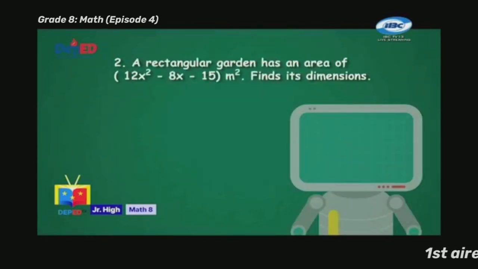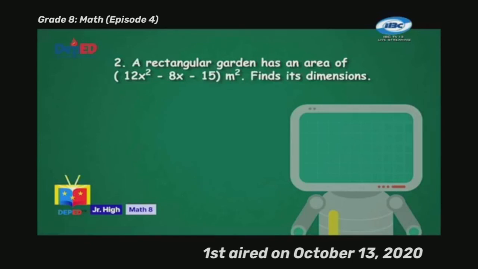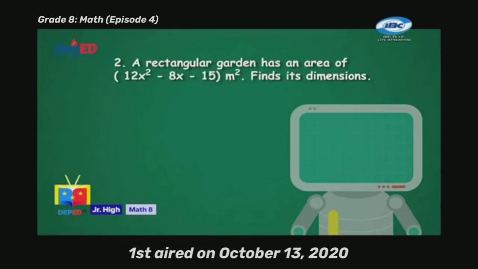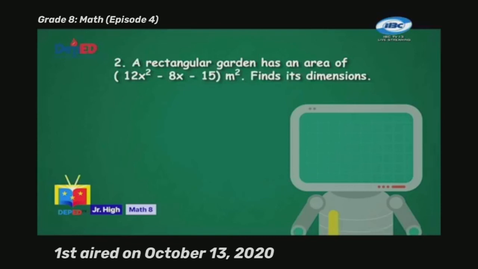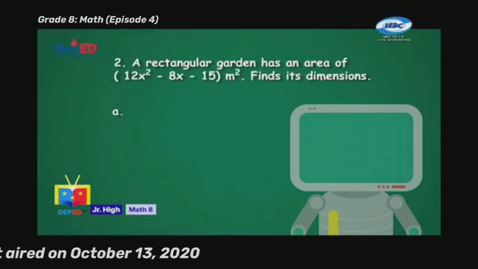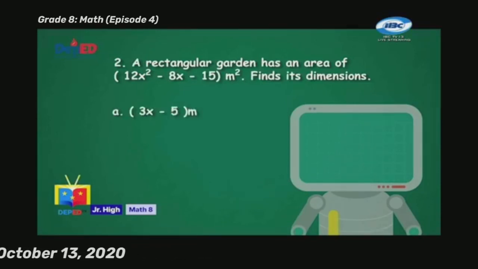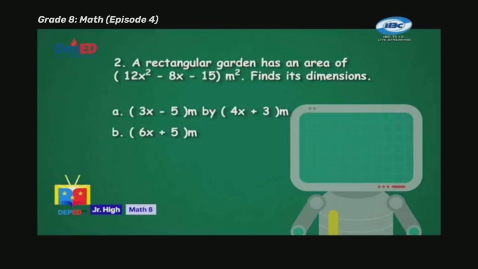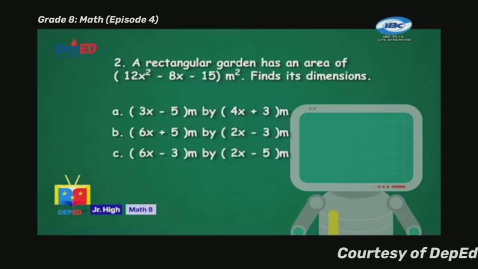Number 2, a rectangular garden has an area of 12x squared minus 8x minus 15 square meters. Find its dimensions. Is it A, 3x minus 5 meters by 4x plus 3 meters? Letter B, 6x plus 5 meters by 2x minus 3 meters. Letter C, 6x minus 3 meters by 2x minus 5 meters.